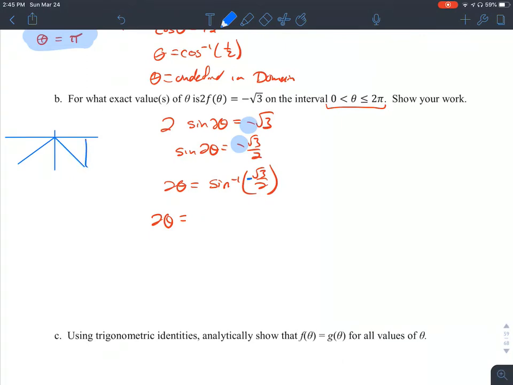If the y value here is negative square root of 3 over 2, that makes this reference angle pi over 3. So it makes this angle 4 pi over 3, and it makes this one 5 pi over 3.